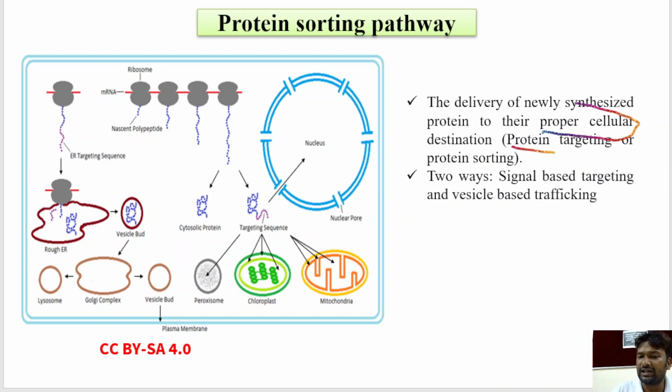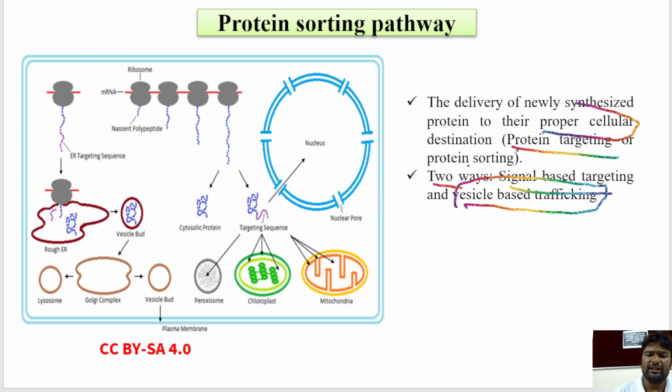This is called protein targeting or sorting, meaning the delivery of newly synthesized proteins to their proper cellular destination, where they are needed. And this can occur in two ways. First one is signal based targeting, and second one is vesicle based trafficking.